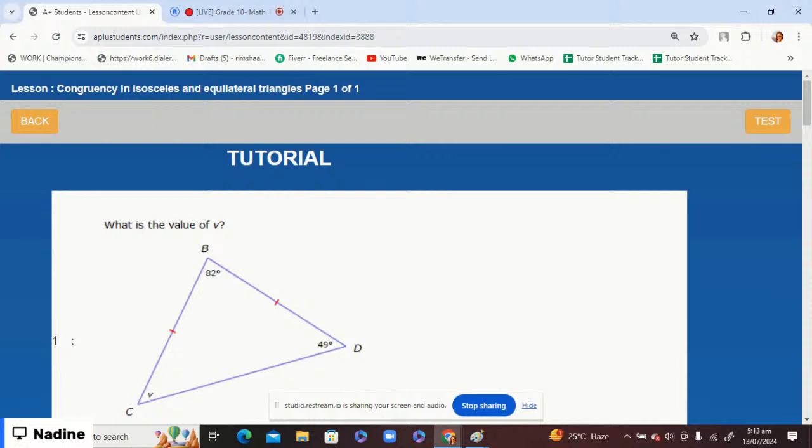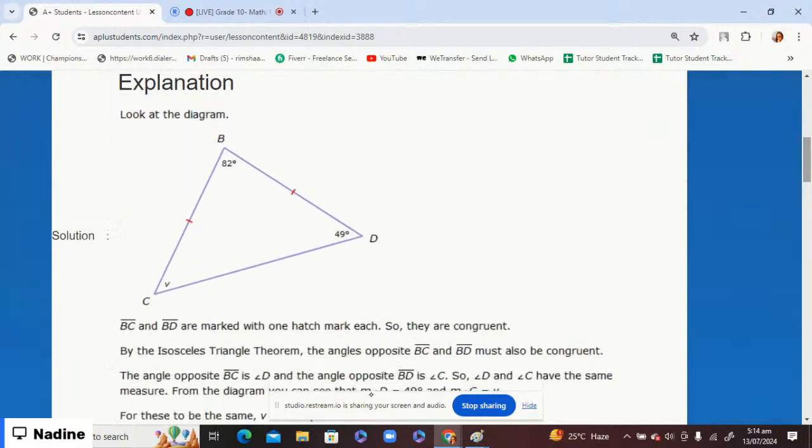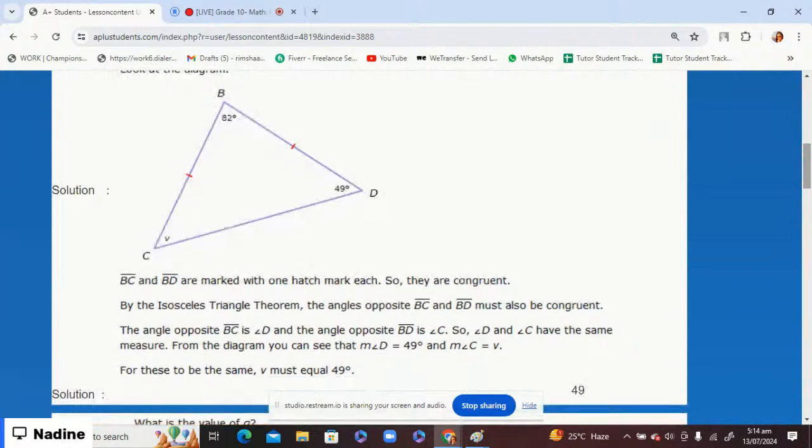In the first question, what is the value of V? Two angles are given, which are 82 and 49, and they are saying that two sides are equal.